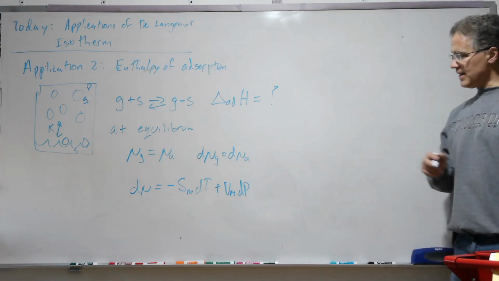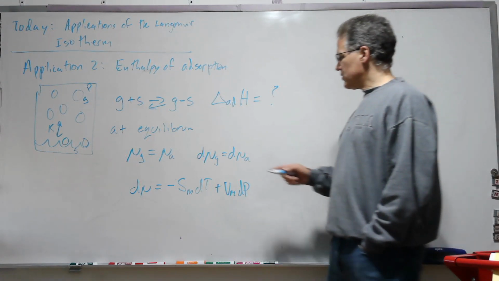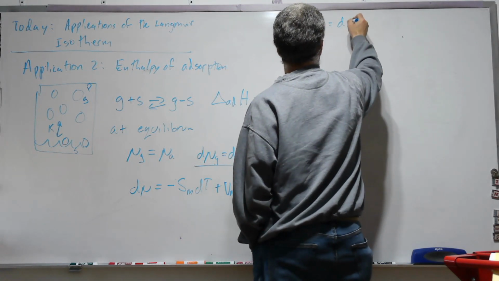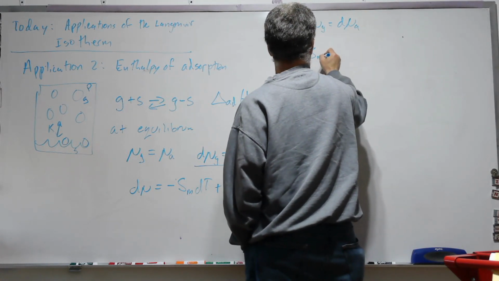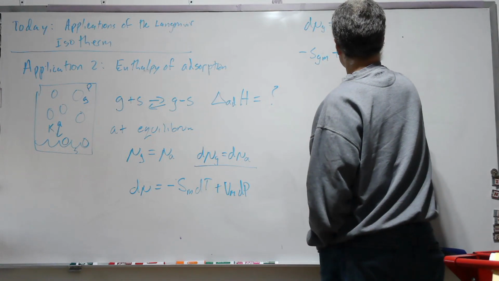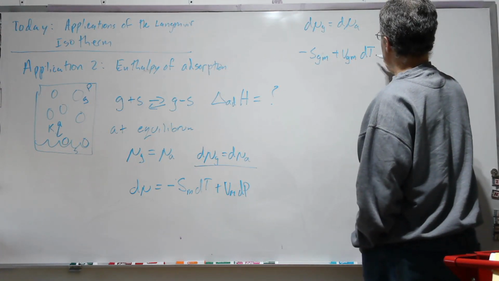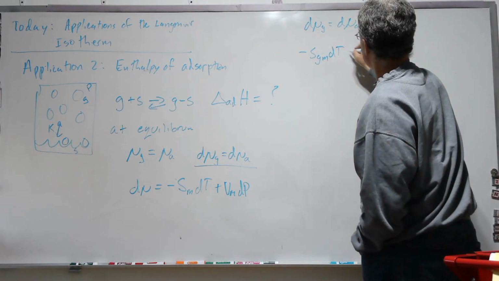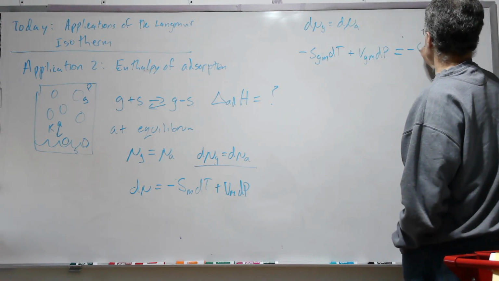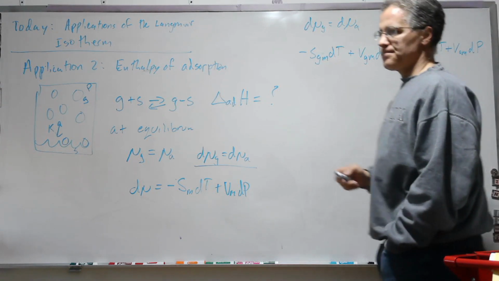Okay, so that's true for any chemical potential, when expressed in terms of the natural variables T and P. So this expression becomes minus S G molar dT plus V G molar dP equals minus S A molar dT plus V A molar dP.